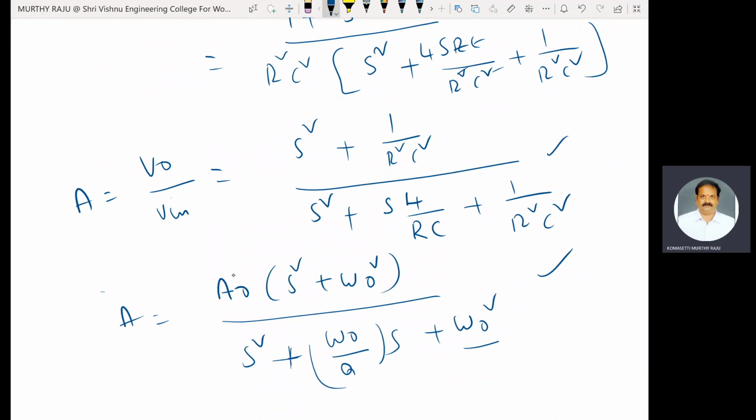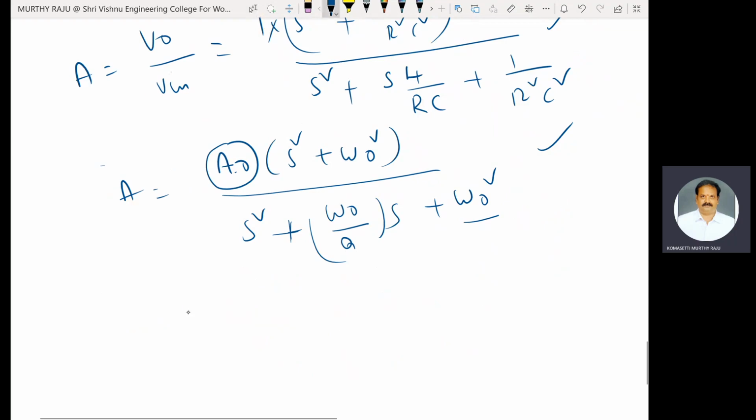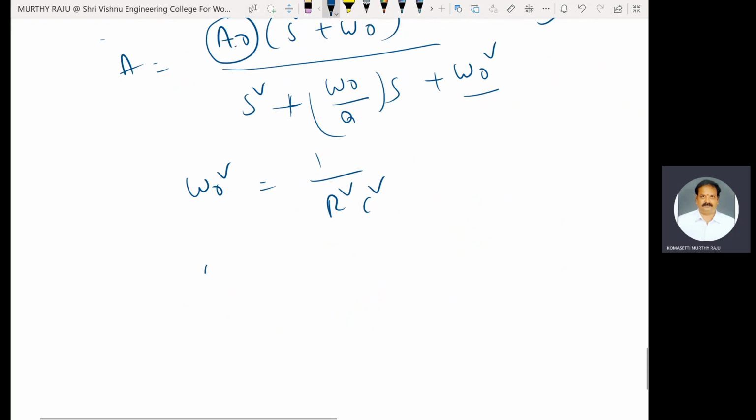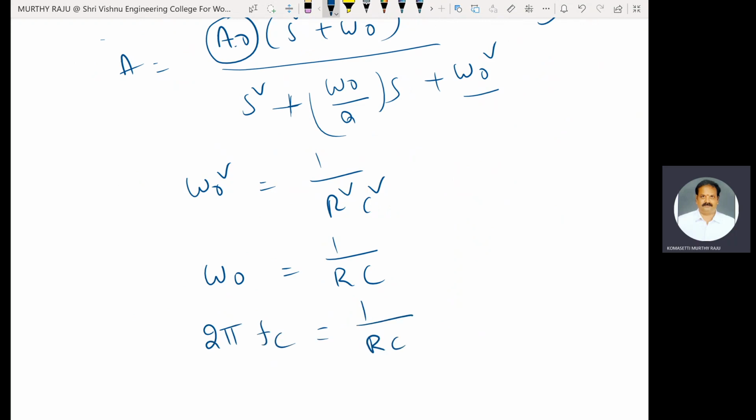Here we use an emitter follower, therefore A naught is 1. The gain of that emitter follower is 1. Omega naught square is 1 by R square C square, so omega naught is equal to 1 by RC. Omega naught is 2 pi Fc, equal to 1 by RC.